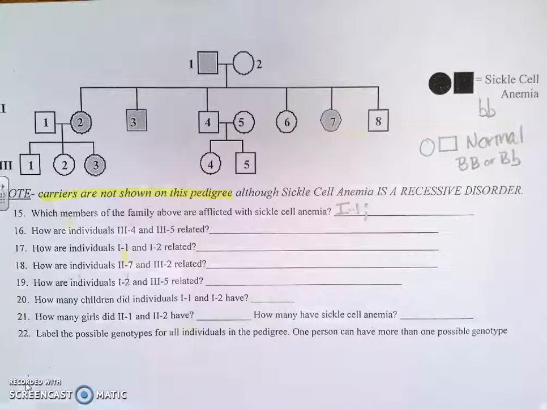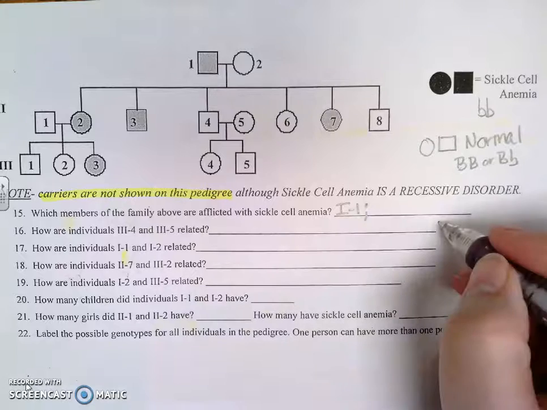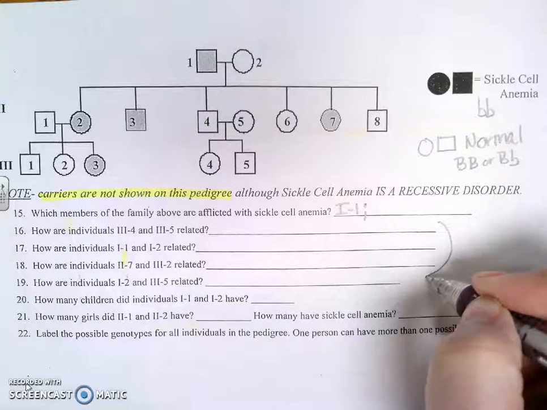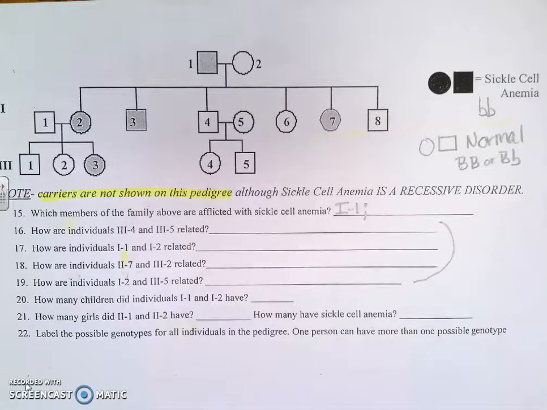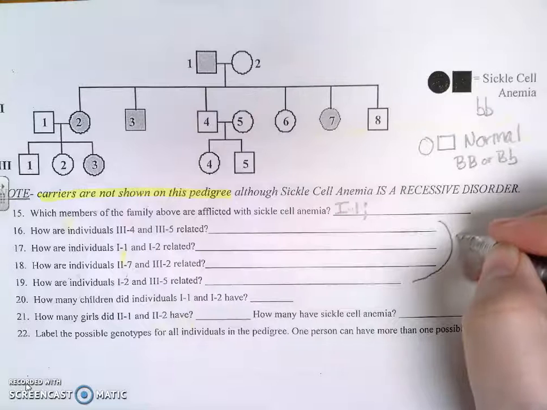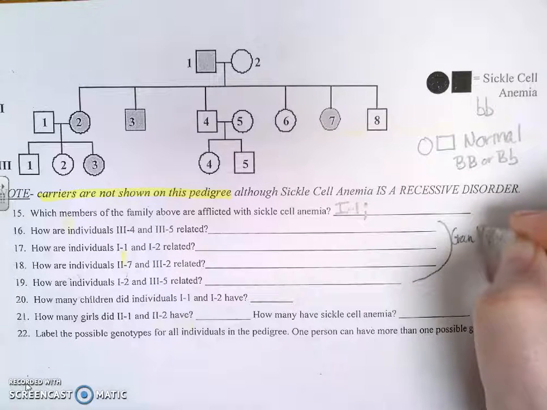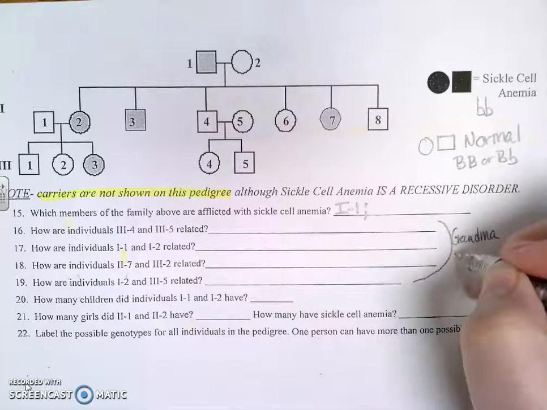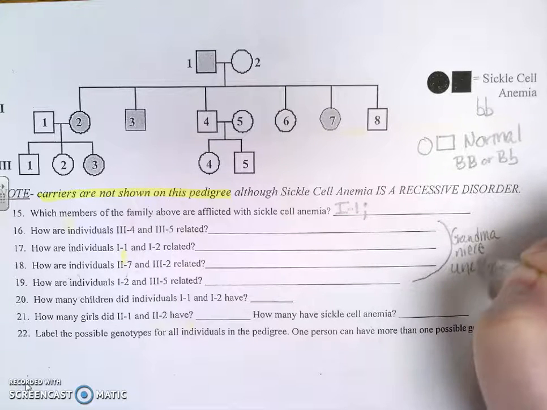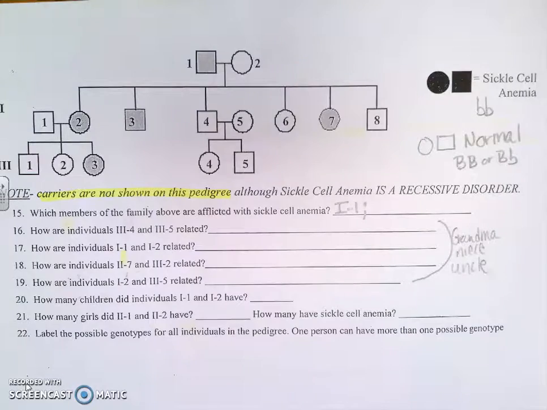Okay? The rest of these, 16 through 19, they want to know relationships like grandma, niece, uncle. Okay, those are the things they want to know there.